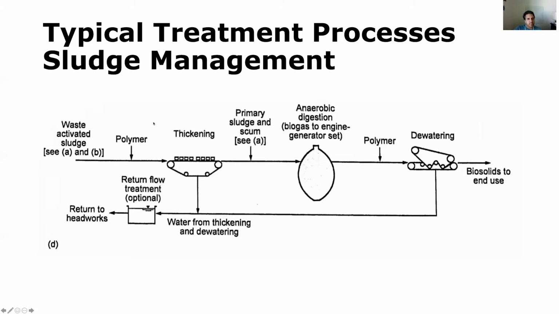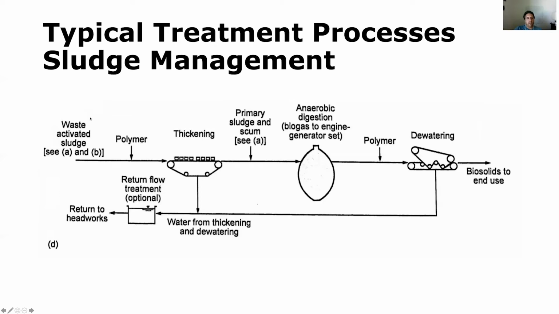So typical treatment process for sludge is to thicken the sludge first to remove some of the water from the sludge, then to send it to some type of treatment process like an anaerobic digester, which would produce biogas using the same communities of microbes as anaerobic wastewater treatment processes. Following anaerobic digestion, we would then further remove some of the water by dewatering.